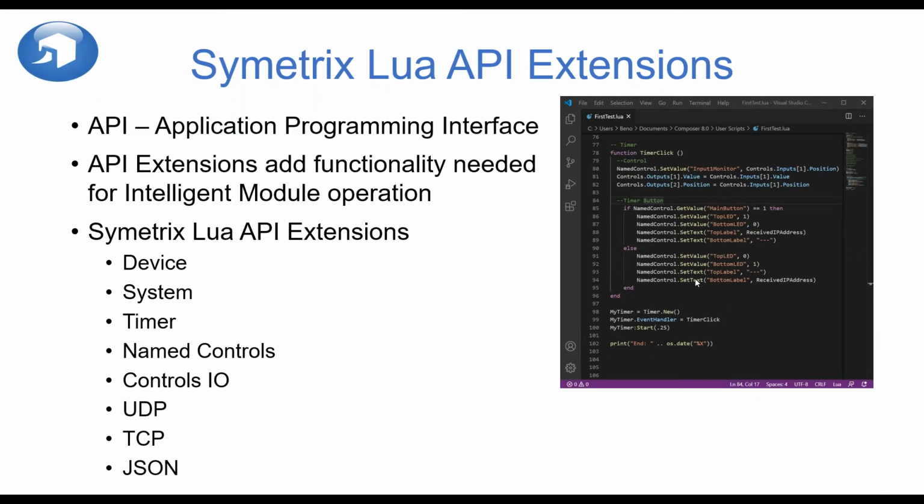So things like the device, the system, creating timers, accessing the controls on your user interface, as well as the control input and output pins, and then the UDP, TCP communication. And then if you're talking to a device that uses JSON, we have an extension for that too. So this is really what you're going to be interacting with, these Lua API extensions.